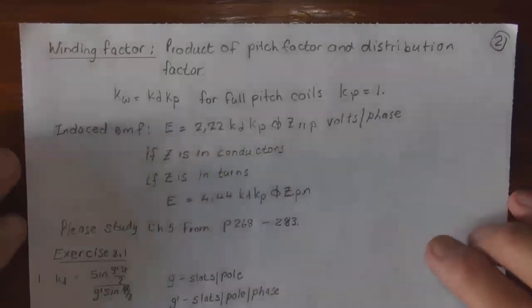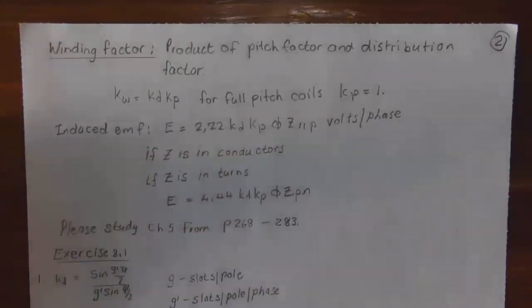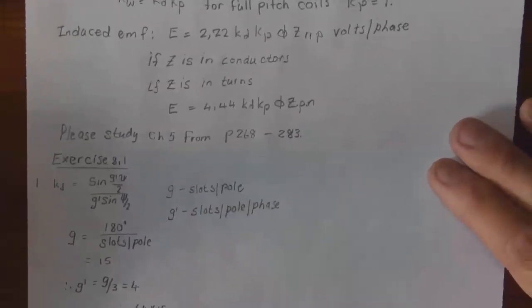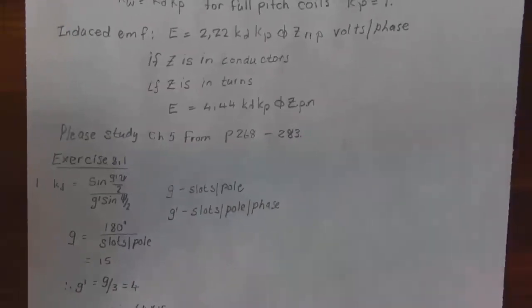So the winding factor is a product of the pitch factor and the distribution factor. So Kw is equal to Kp times Kd. For full pitch coils, Kp is equal to 1. The induced EMF is equal to 2,22 Kd Kp phi Znp volts per phase.